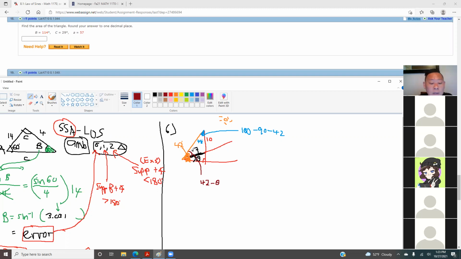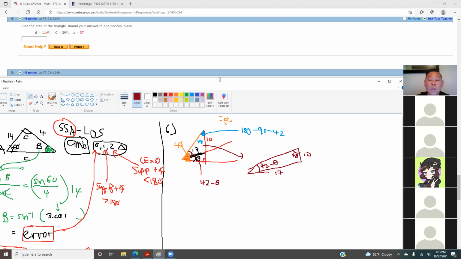Now concentrate on this triangle that I will draw, the weird one. This is 42 minus theta, this is 17, this is 10, and this is 48.